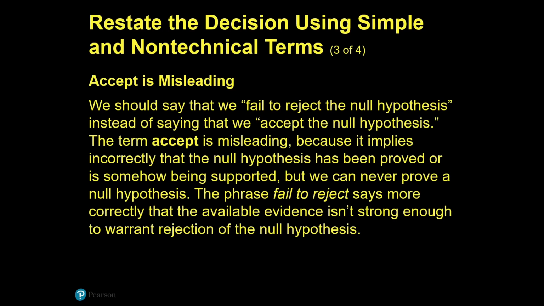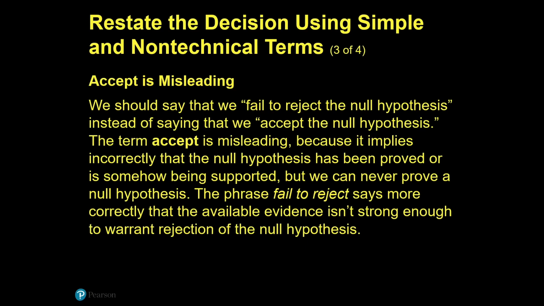I know the wording of fail to reject is confusing, and it seems like they should just say accept. That's why I included this slide in my presentation today. The problem with saying accept is it's misleading. You can't accept the null hypothesis.